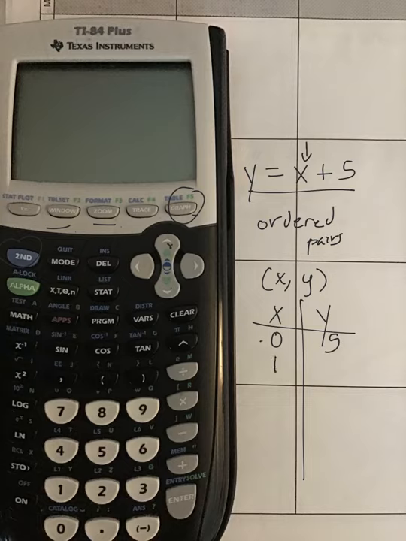If I plug in 1, you would see 6 next to it when you hit second graph. So that's how you see your table of values, which are your ordered pairs. And the ordered pairs make this equation true. So if I plug in 2, then this would be a 7. If I plug in 3, the y will be an 8, because 3 plus 5 is 8.